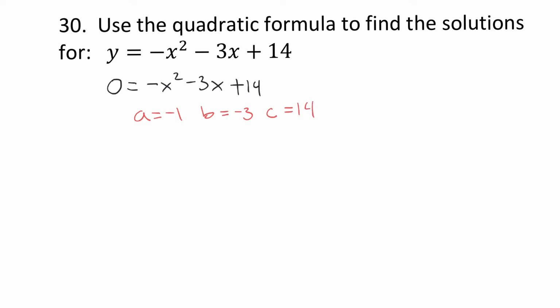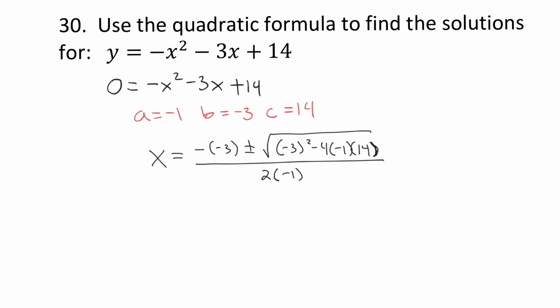I'm going to substitute into the formula, and I am using parentheses when I substitute. Make sure you guys check your signs, make sure you guys check your values. So we have the negative b plus or minus the square root of b squared minus 4 times a times c, everything divided by 2a. You guys are going to simplify, and you can use a scientific calculator.